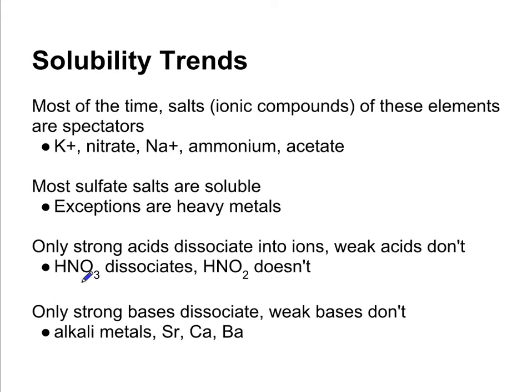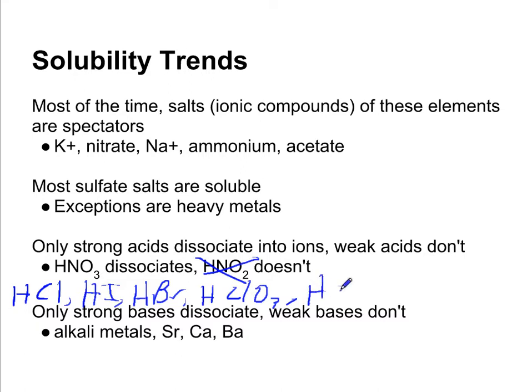Only strong acids dissociate into ions. Weak acids don't. I know I kind of just described this on the other page, but here's that list of strong acids you need to know. HNO3 is always going to dissociate, but HNO2 won't. That's a weak acid. The other strong acids are HCl, HI, HBr, HClO3, that's a polyatomic ion, HClO4, and H2SO4.